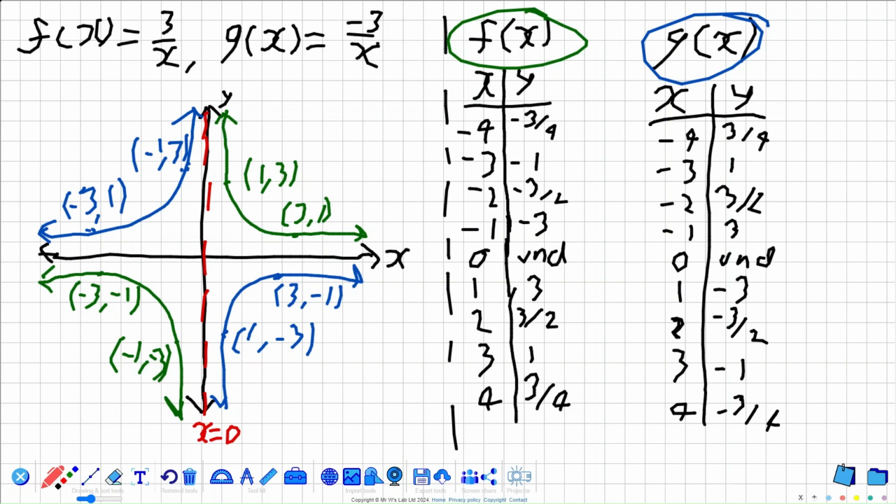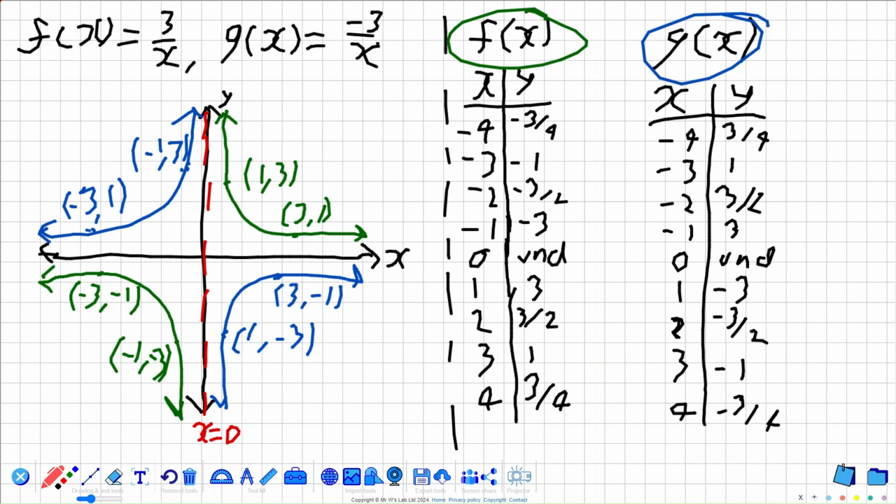Then you can also see that that vertical asymptote divides two sections, in very different quadrants, so it's not like it's like this, and that's because the negative and positive values actually completely change the vertical position of these graphs.